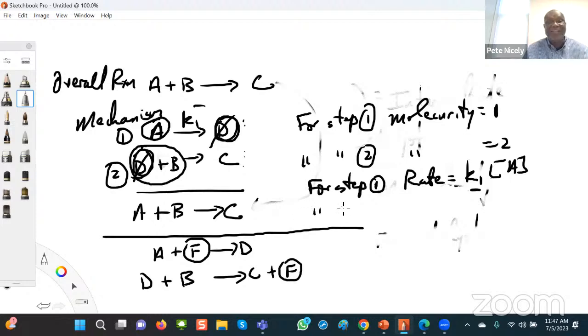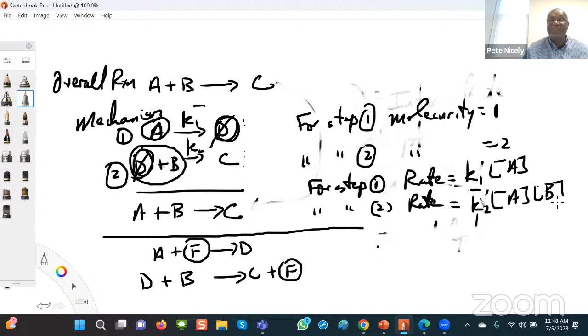And then I'll do the same thing for step 2. In that case, the rate would be equal to K2, right? So K2, I'm going to put here a constant for step 2, and that would be equal to the concentration of A times the concentration of B, all right?